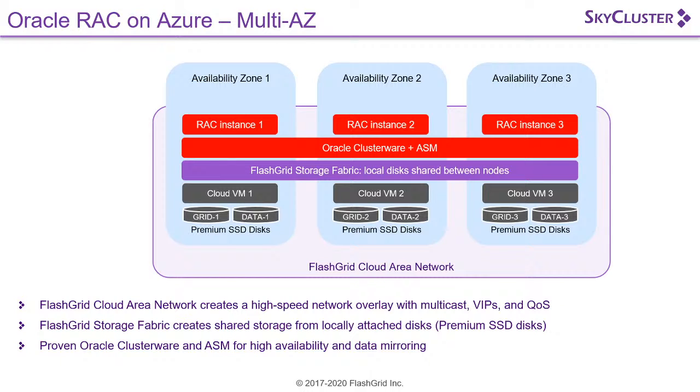On this particular slide, what you can see is that these three nodes are spread across three availability zones. So this is what's called a multi-AZ deployment, where, as you probably know, an availability zone is an Azure concept that effectively means a separate data center within the same region.